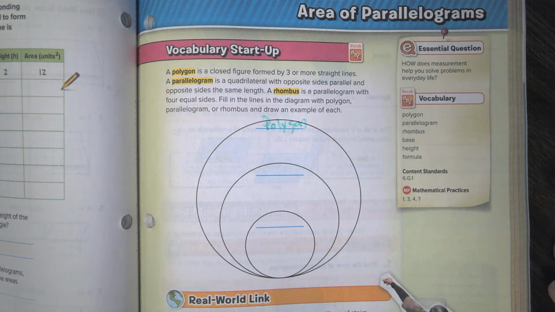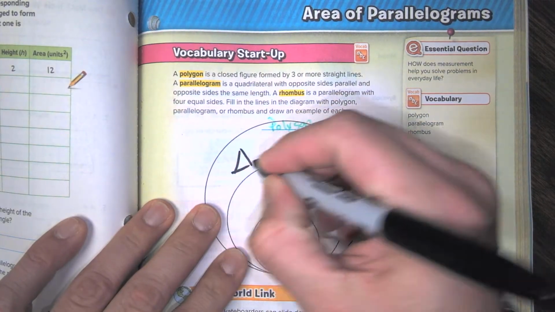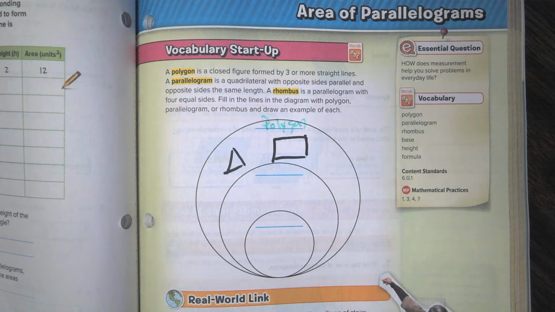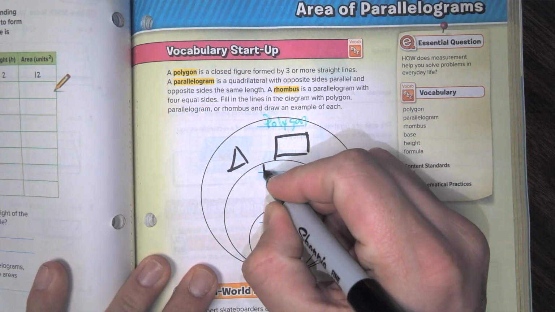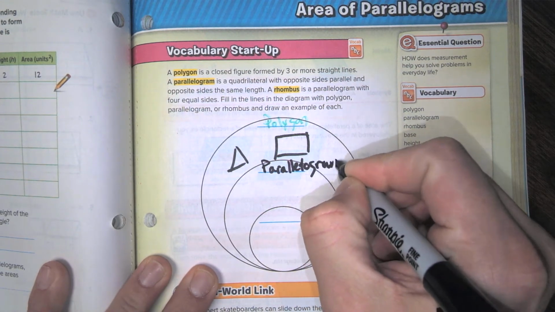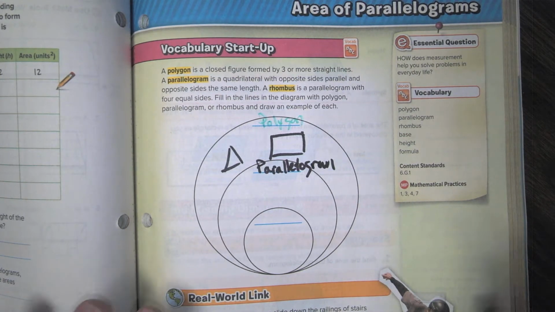Okay, so a polygon can be any shape you want. Okay, it could be a triangle. It could be a rectangle. It could be a square. There's all kinds of different things. So, triangle, draw a rectangle, you do all sorts of stuff. Okay, so then the next one is parallelogram. Okay, so then now this is kind of like what a parallelogram looks like.